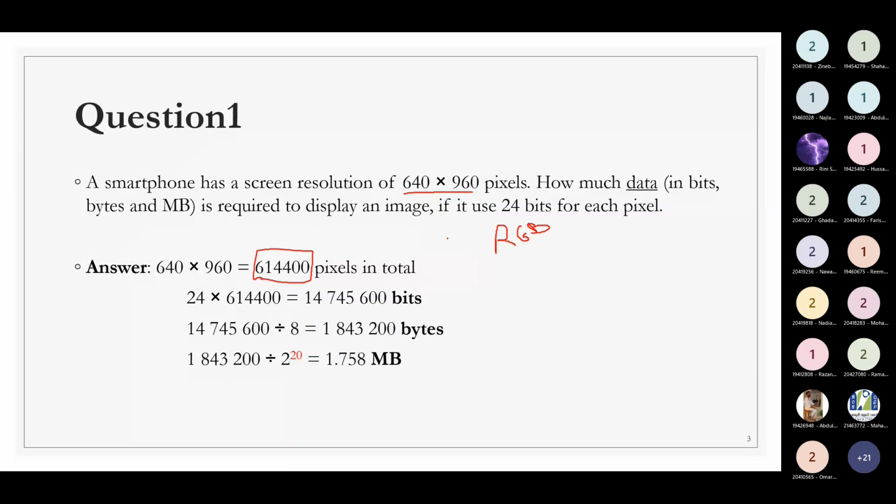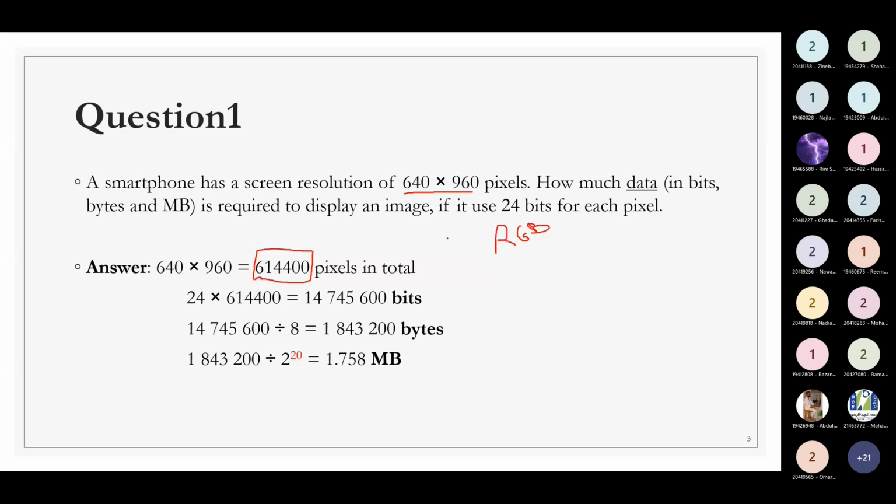And because each pixel is represented by 24 bits, we will have 24 multiplied by the total number of pixels. This is the total number of bits required to display an image.